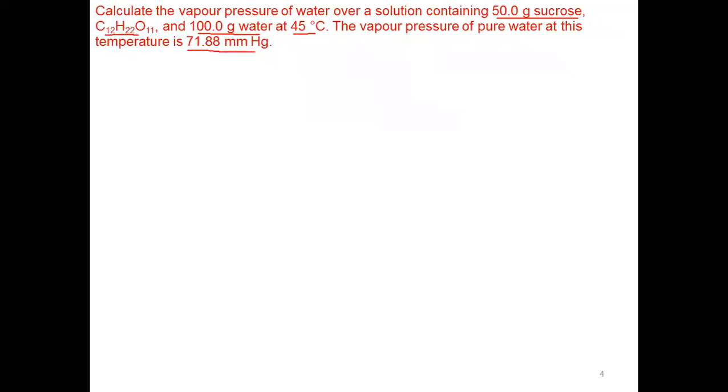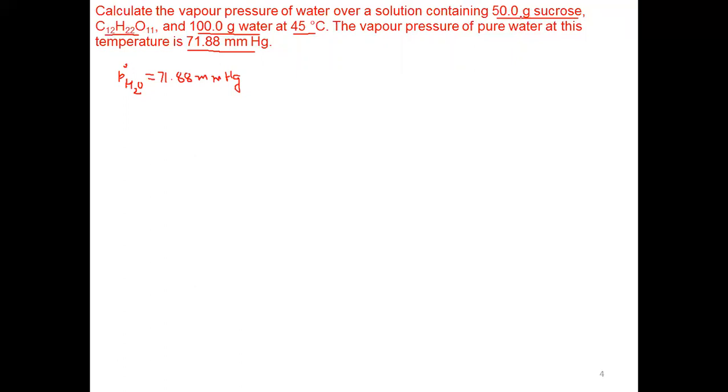But we have to calculate the vapor pressure of water over a solution. Again this numerical is the same. What are we given? We are given the vapor pressure of pure water, P water naught, equal to 71.88 mm mercury.